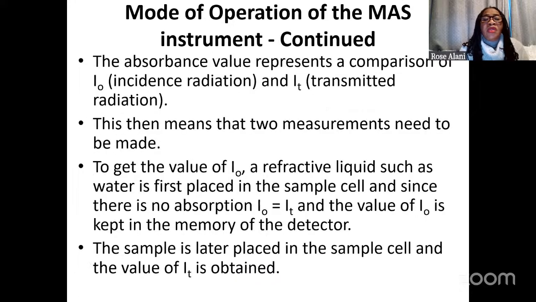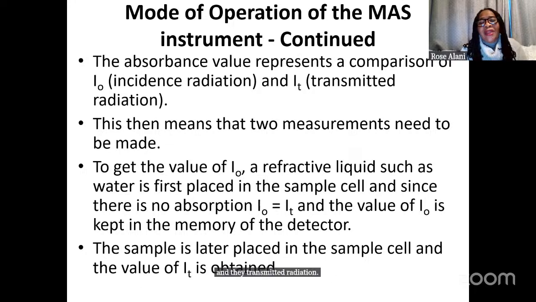Okay, so the absorbance value represents a comparison of the incident radiation, that is I0, and the transmitted radiation, that is IT. So this means that two measurements need to be done, the incident radiation and the transmitted radiation.